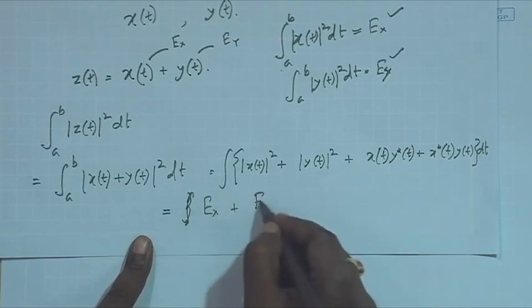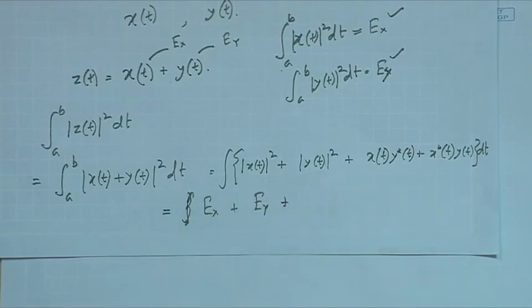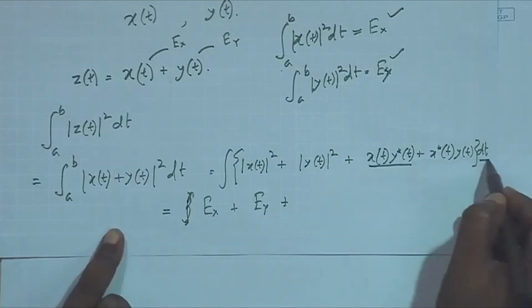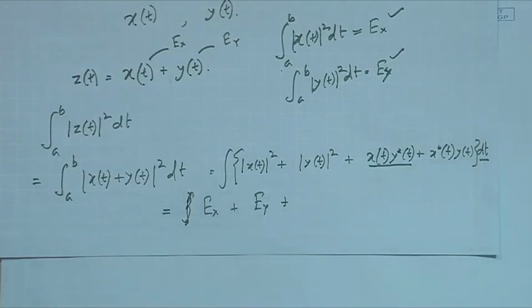Now, you can see this particular part, mod x(t) whole square dt, is actually Ex for us, and this part is the Ey for us. Now, the orthogonality plays a big role. What is the integration over that period as long as x(t) and y(t) are orthogonal signals? We know that term should be 0, that is the property of orthogonality. Any orthogonal signals, if you take one signal and the complex conjugate of the other, multiply them and integrate over the period where the signal is defined, it will always be 0 as long as x(t) and y(t) are orthogonal.